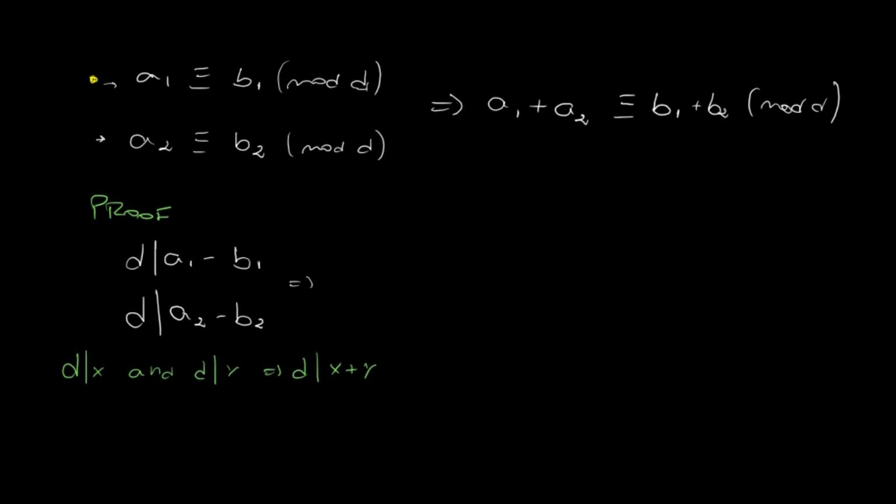So here we will have that d divides a1 minus b1 plus a2 minus b2. And we can rearrange this to have a1 plus a2 minus b1 plus b2.